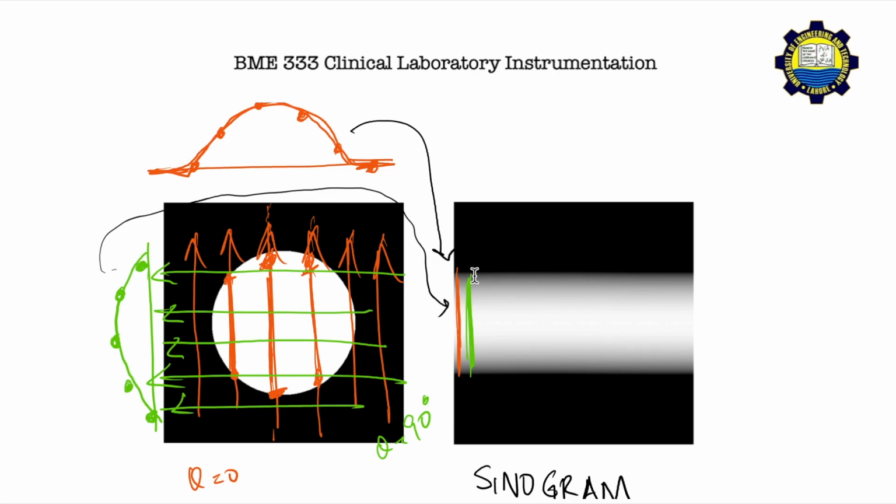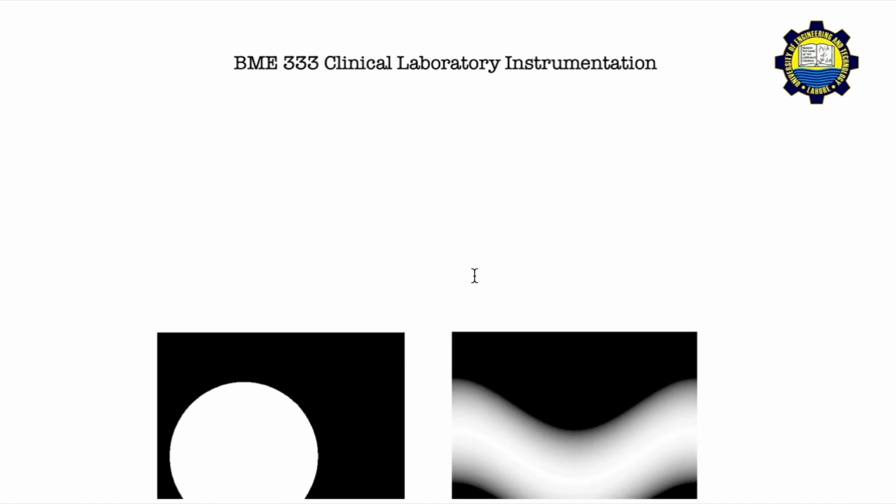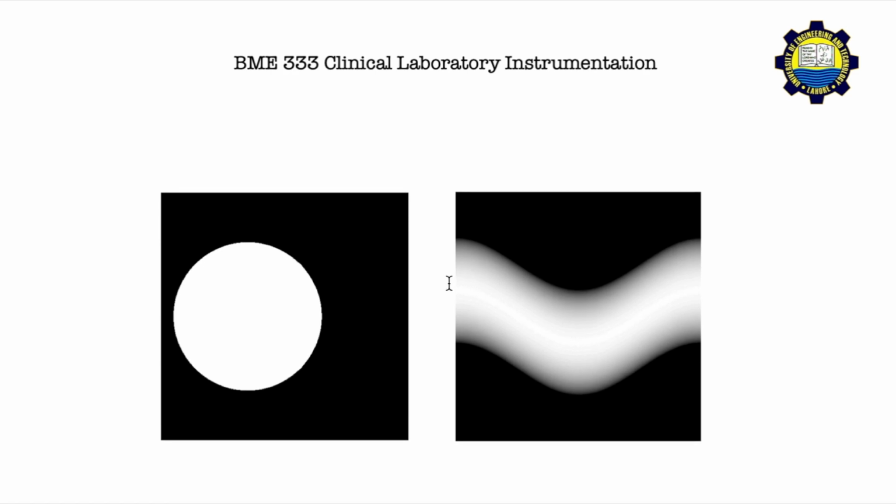Similarly, we're going to practice different shapes, and here's another one. This is still a circle, but this sinogram is different because this circle is situated slightly towards the left hand side. So what happens is, for 1 theta, the projections look slightly different than they do for another theta.